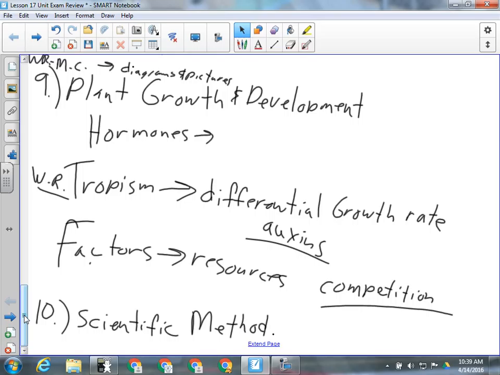The written response is out of 53 marks, and there are 9 written response items. Now all but 3 of those, so 2/3 of the written response items, involve pictures or diagrams. So it's very much a visual kind of test.